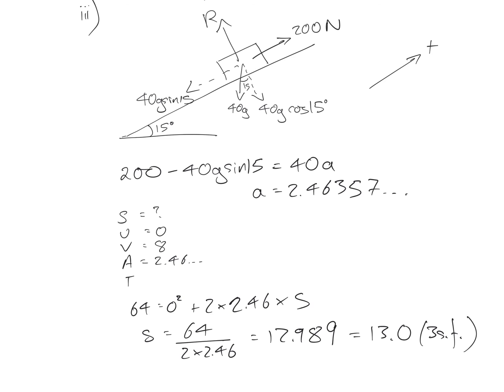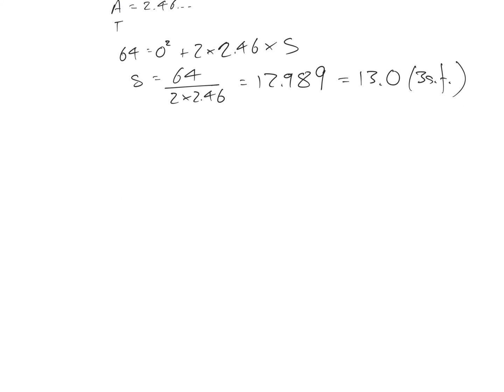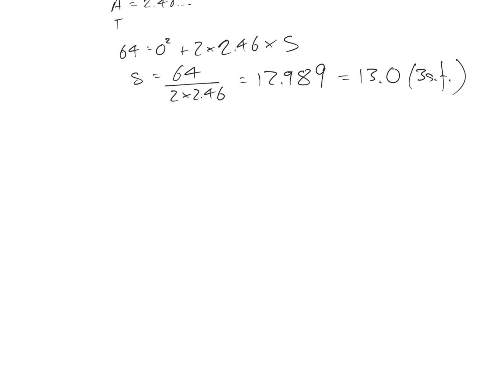Okay, then we've got a very unfortunate incident again. When the speed is at 8 meters a second, this rope also breaks. So we've now got on the slope the object. It's travelled 13.0 meters, and we need to find the time between the sledge breaking free and reaching the bottom.